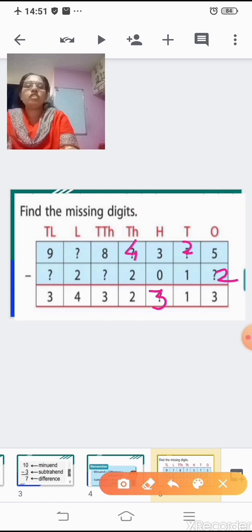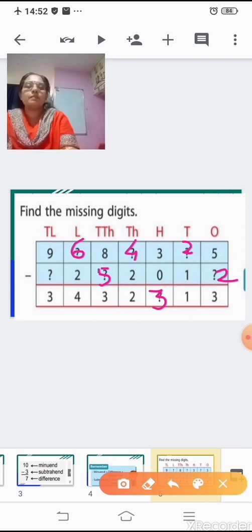In the ten thousands place, you have to find the subtrahend. Subtrahend is nothing but minuend minus the difference. So 8 minus 3 will give you 5. In the lakh place, you have to find the minuend. So 4 plus 2 will give you 6. In the ten lakh place, again you have to find the subtrahend.